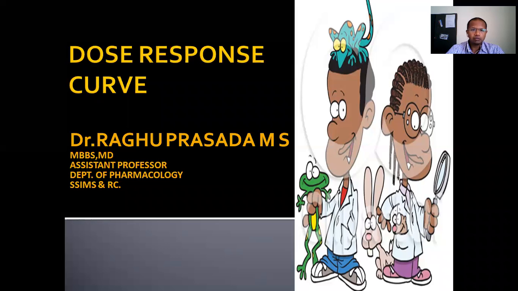Then we studied something about the secondary messengers involved, that is cyclic AMP, IP3-DAG pathways, and some secondary and tertiary messengers such as calcium.